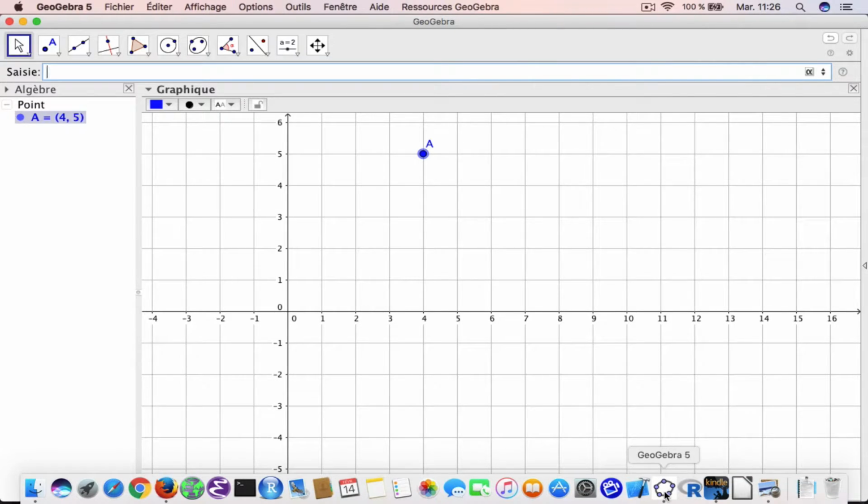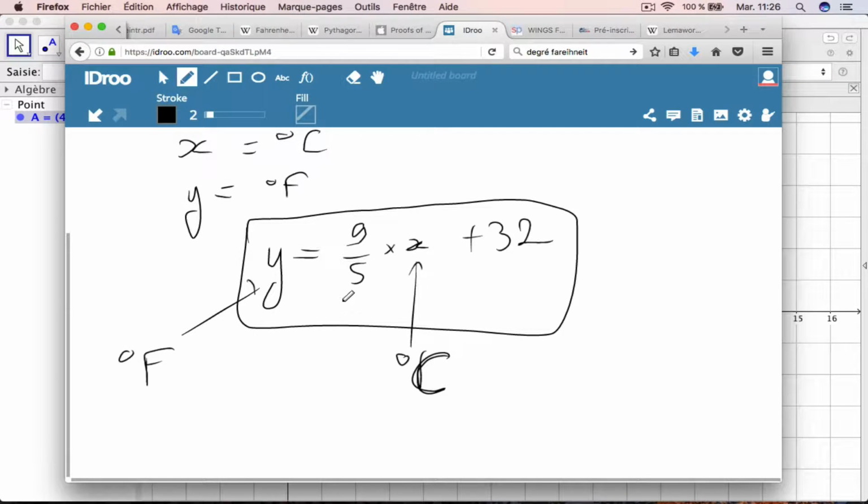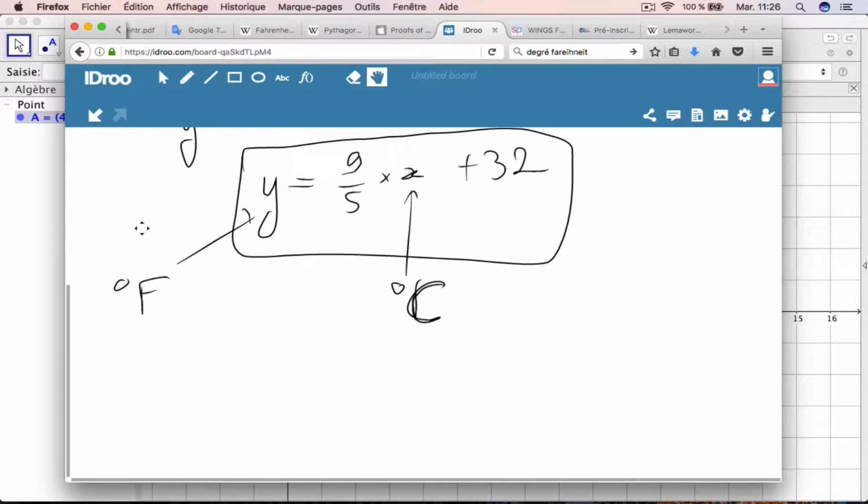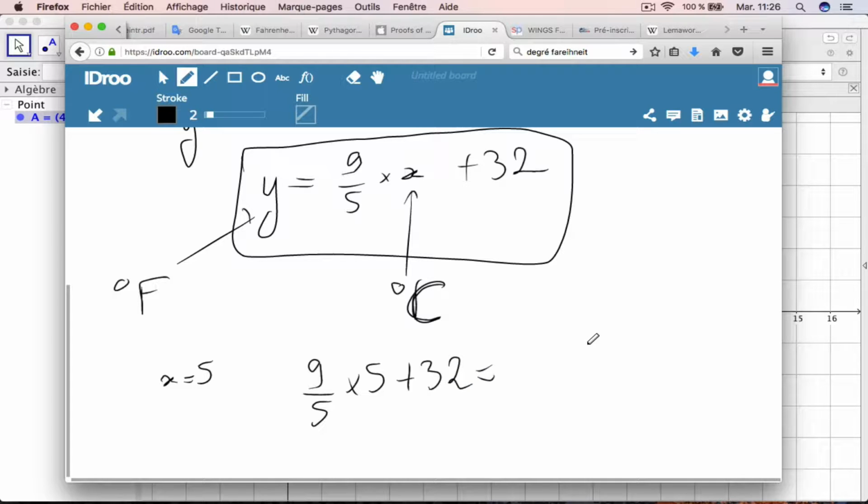As we can see here, we've got a link. For example, if we choose x equal 5, we've got 9 on 5 times 5 plus 32. 9 on 5 times 5 equals 9. 9 plus 32 equals 41.